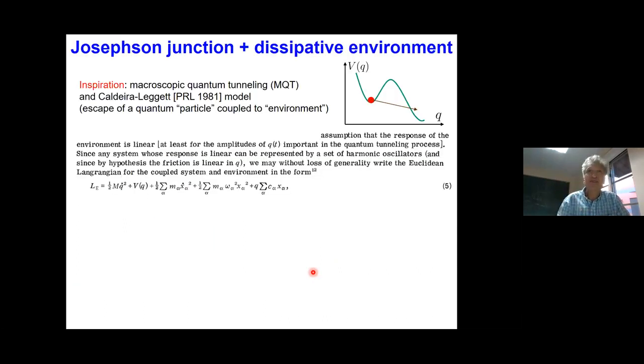The inspiration for this question actually comes from the Caldeira-Leggett model that was developed in connection with MQT, macroscopic quantum tunneling, quite a long time ago. This is a piece of their paper, and basically the environment was modeled by a bunch of harmonic oscillators, which are coupled in a linear way to the variable of our system, to the coordinate q.